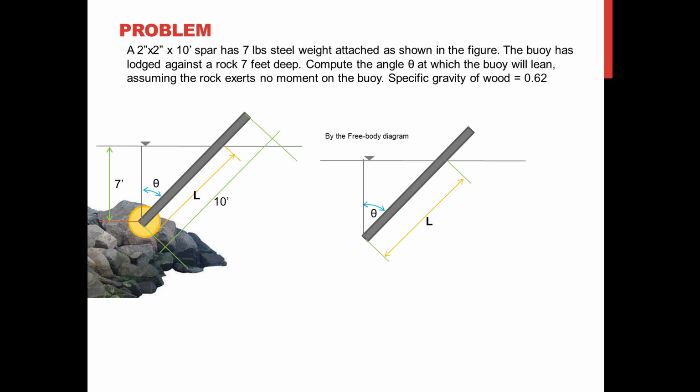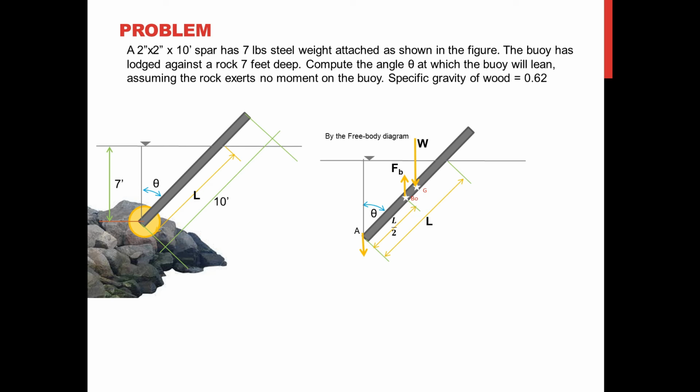So by the free body diagram, we have the center of gravity, wherein there will be a weight of the spar, and the center of gravity of the submerged portion, BO. We have the buoyant force, and that is noted to be L over 2, if our length submerged is L, therefore, that is L over 2 from BO.